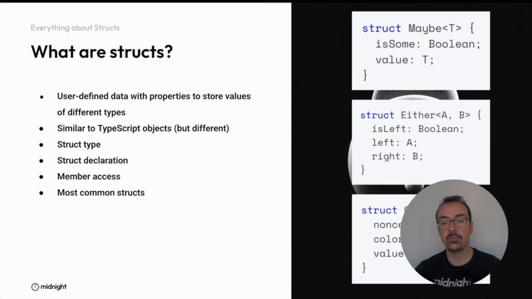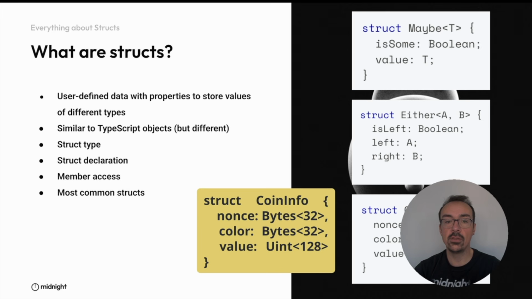And to finish, if you want to write any sort of application with tokens on Midnight, you are going to use the struct coin_info. That's going to represent the token, where you have different properties on that struct. So there is nonce that represent the token.